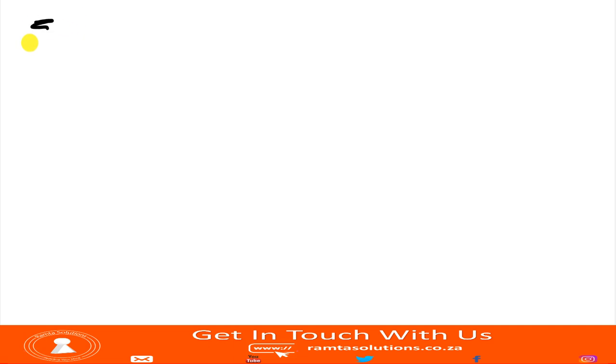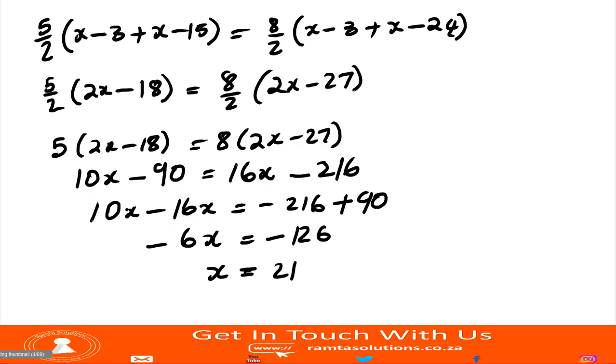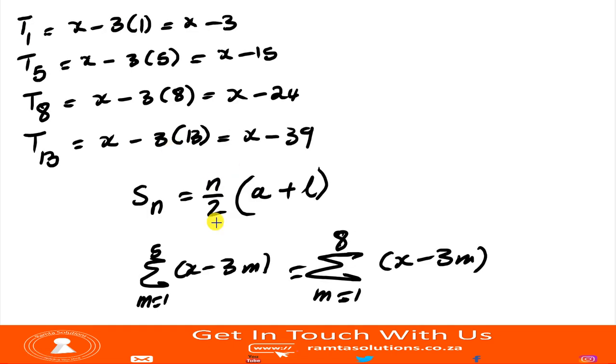We are now looking for the sum of x minus 3m from m equals 1 to 13. Again, remember we're using sum of terms equals n over 2 times a plus l, a being the first term and l being the last term.